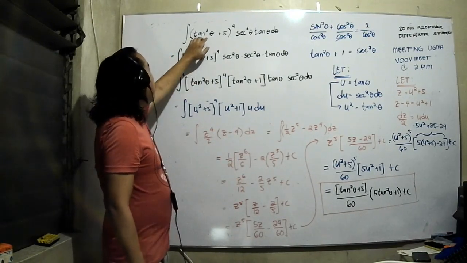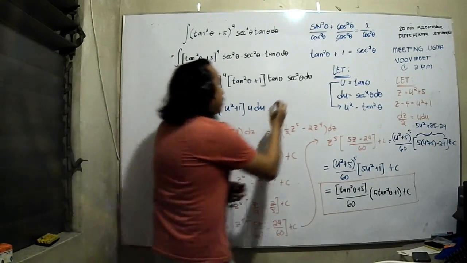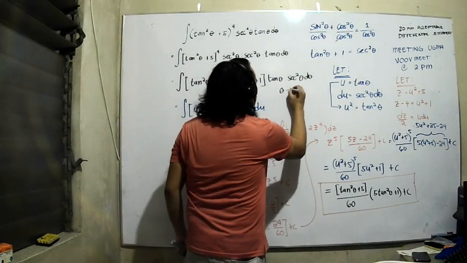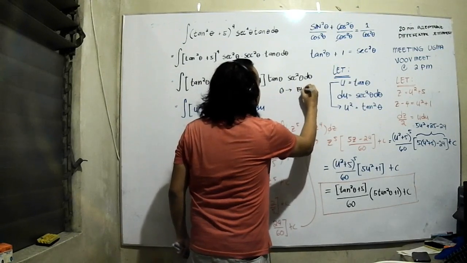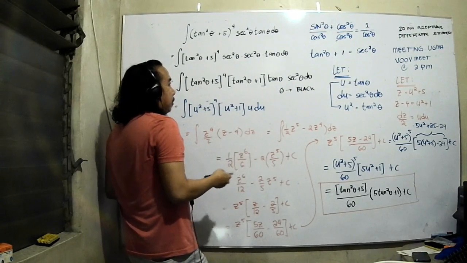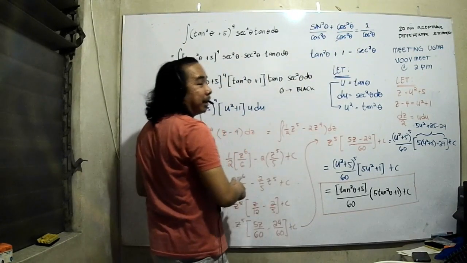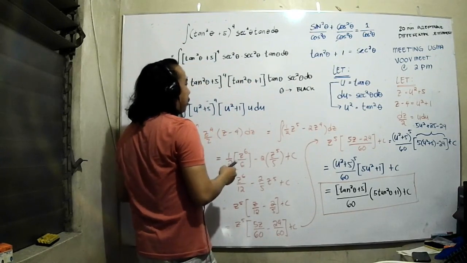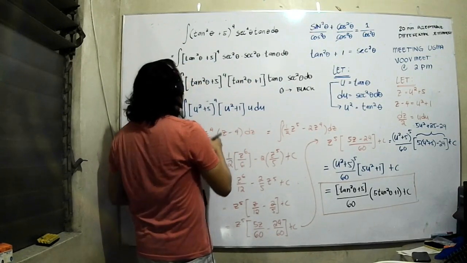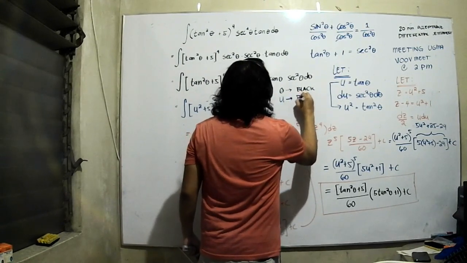So when I'm dealing with theta, you notice here, when there is a change in my variable theta, that is black. When I'm dealing with the u variable, I go for blue.